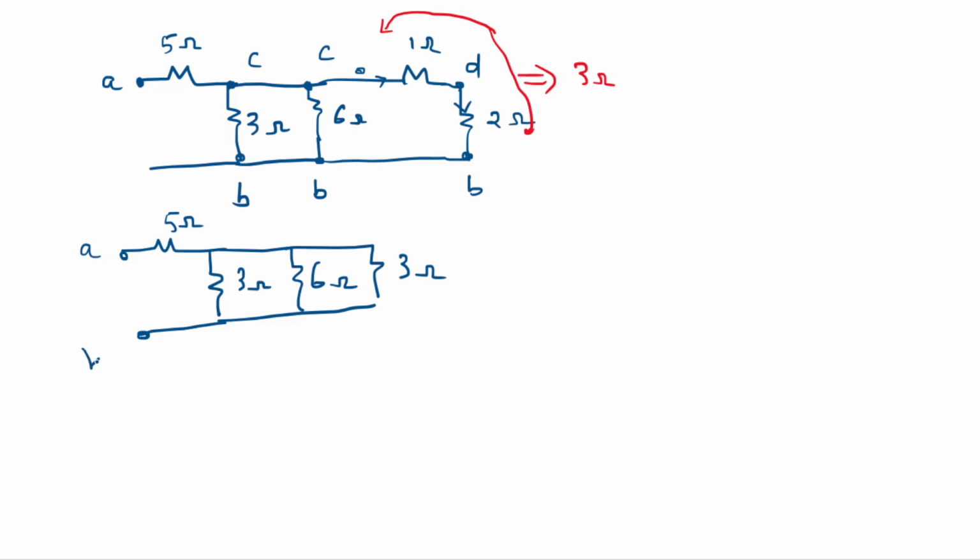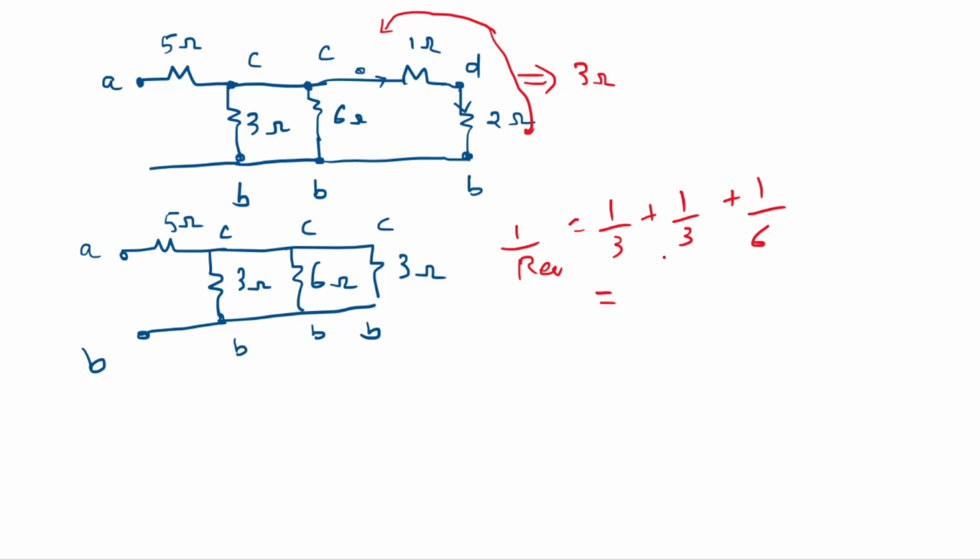This is A, this is B, these are all B, and these are all C. Just by looking at it, we can say between C and B we have 3 elements in parallel, right? And we know that if 3 elements are in parallel, 1 by R equivalent equals 1 by 3 plus 1 by 3 plus 1 by 6.